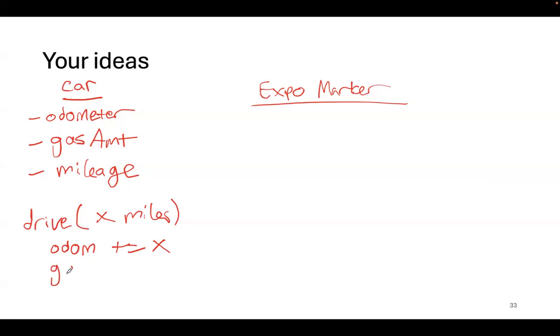Then my gas amount is going to be decreased, because I'm going to have less gas than when I started. It's going to be the number X times 1 over mileage.